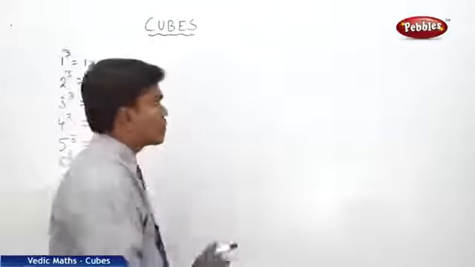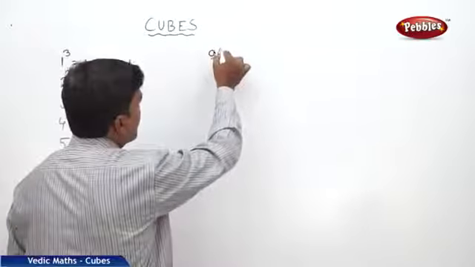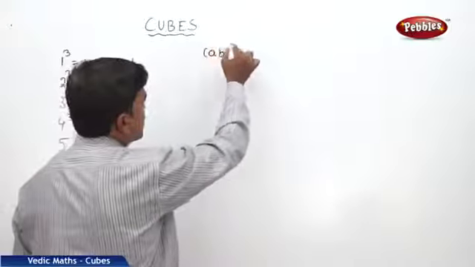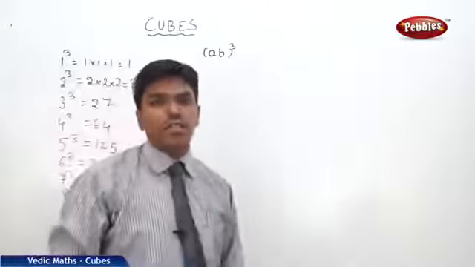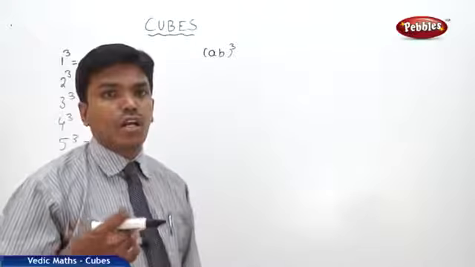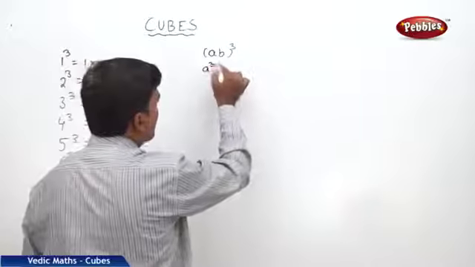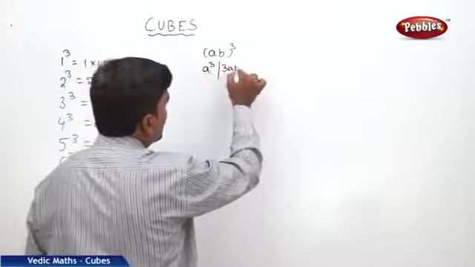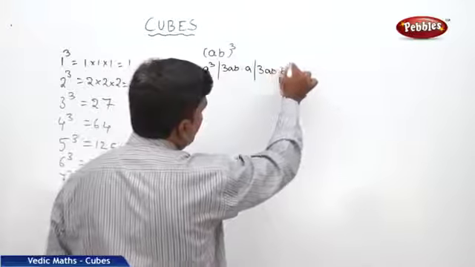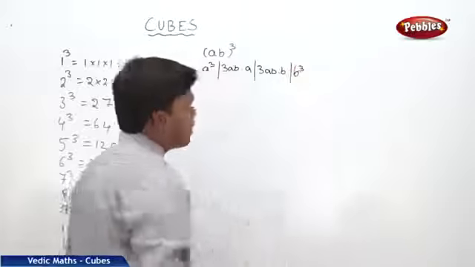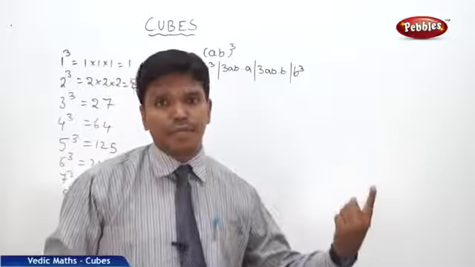Suppose AB is a double digit number, then what is the value of AB cube? It will be A cube, 3AB into A, 3AB into B, B cube.